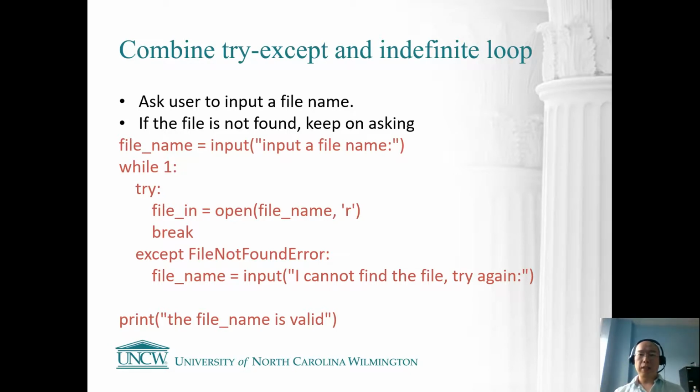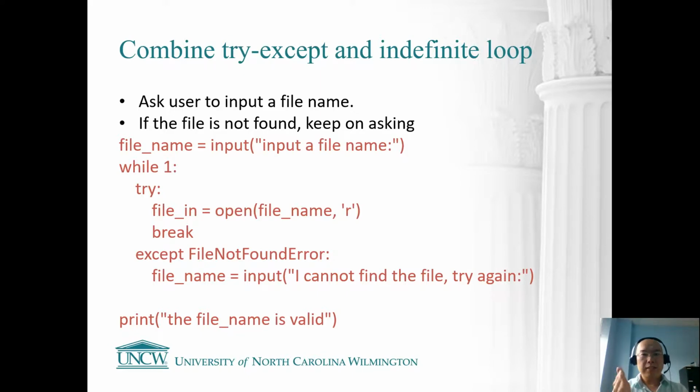How can I do that? Is that going to be a continue or break? It's going to be a break, because as soon as I have the file name, I'm able to read that file, and then this indefinite loop can be stopped immediately. So that should be a break.